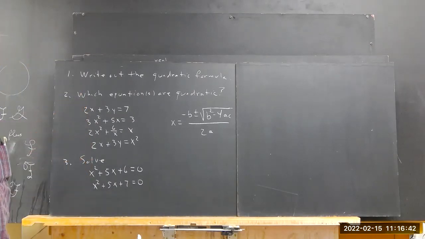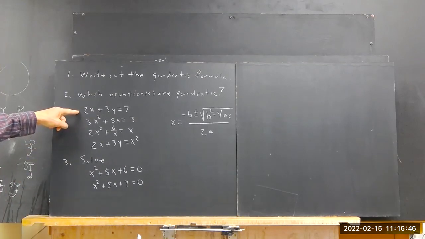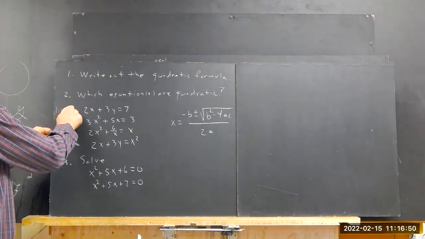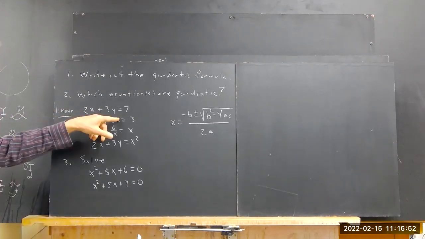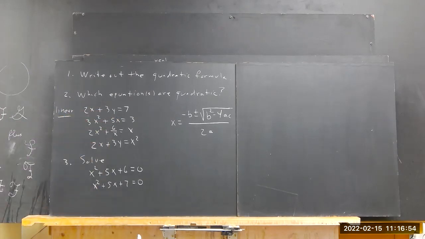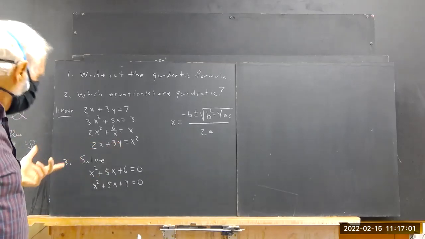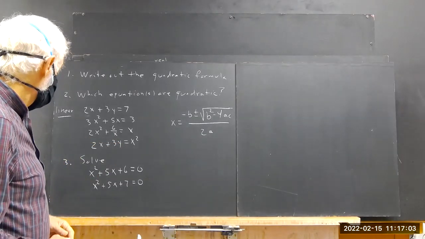Which equations are quadratic? Well, that's a linear equation, okay? It's a linear equation of two variables, actually, x and y. This one is quadratic because what's the test for quadratic?